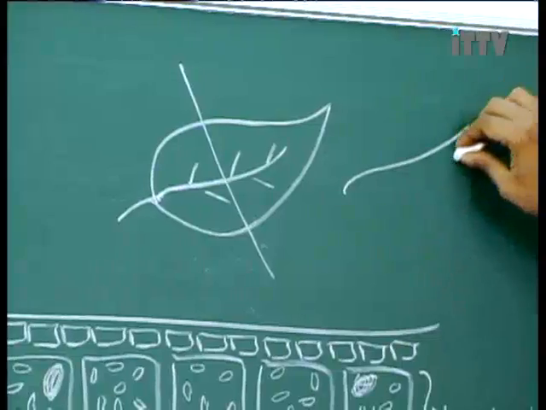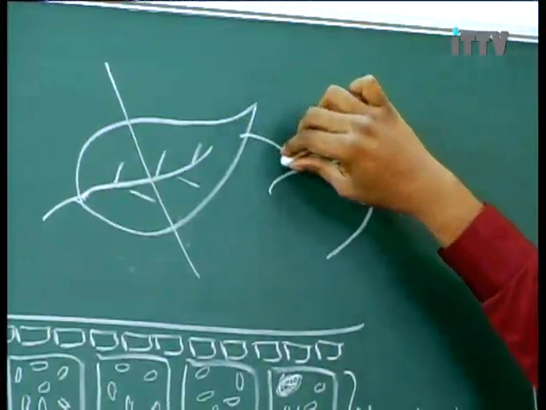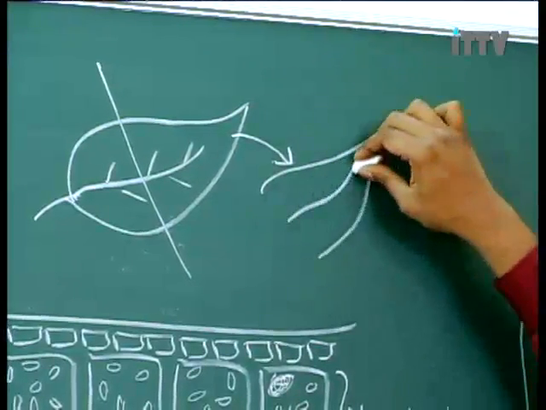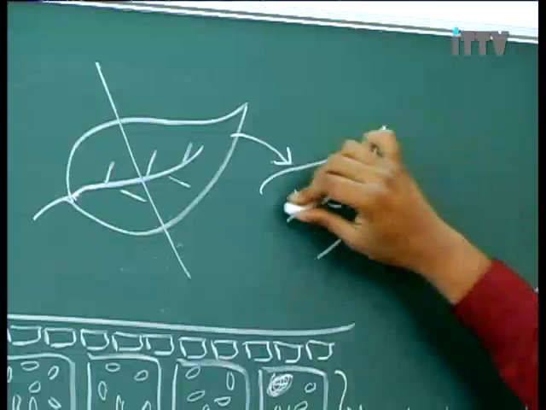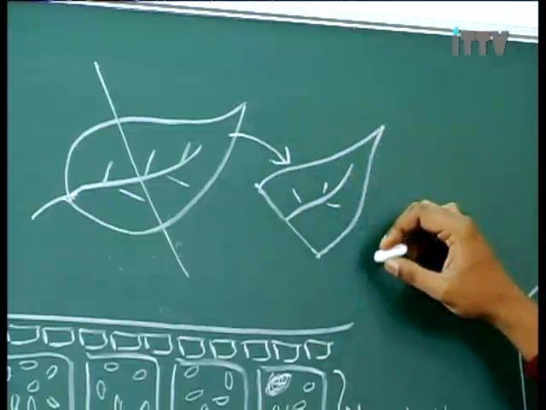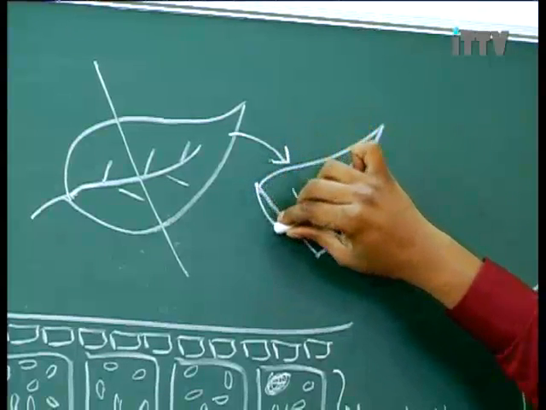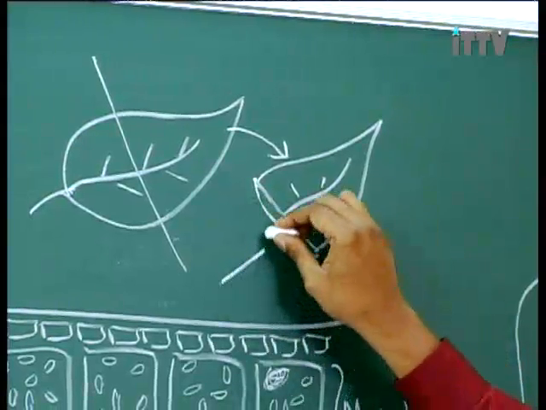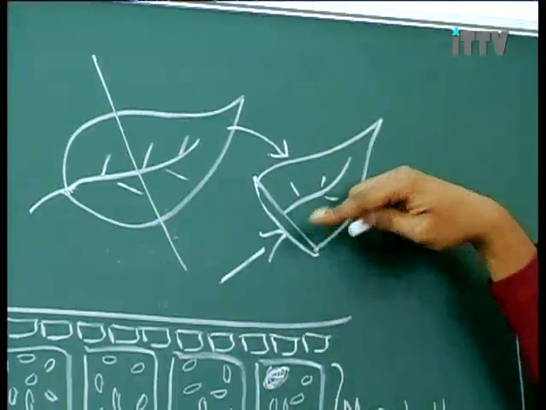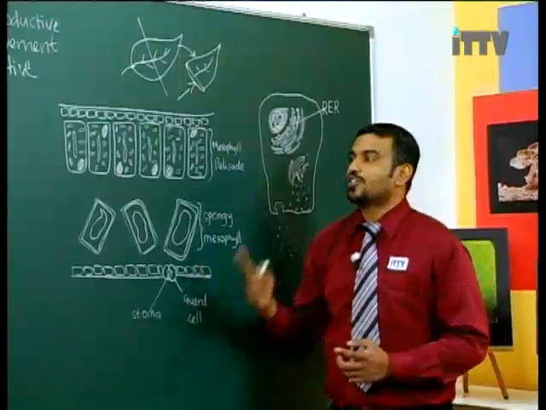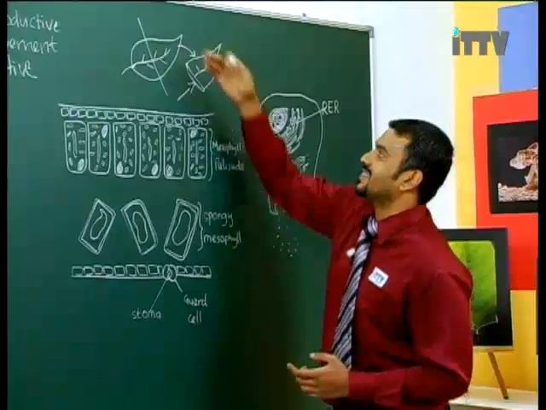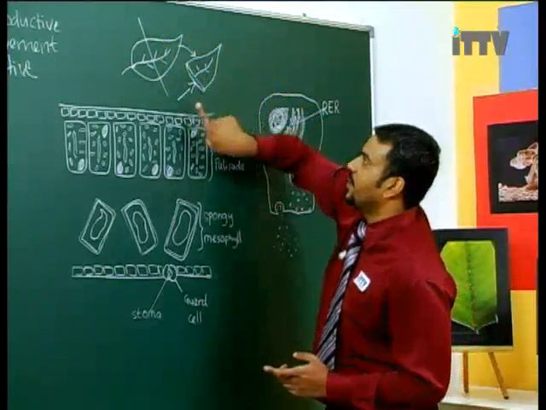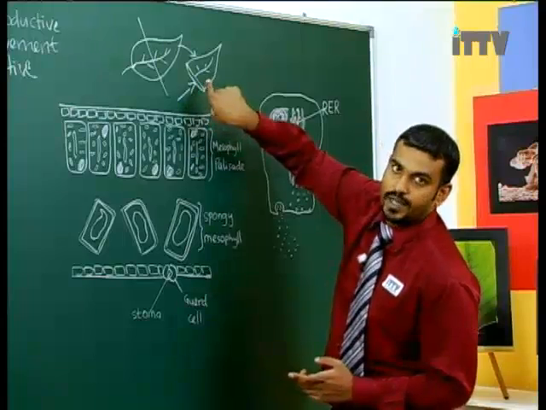So let's say I have this part of the leaf with its veins still intact, but now because it has been cut into two, I can also find a region here, true? If I take my point of view from here, this is what I will see. So what section is this once again? It is a cross section by looking from this corner.